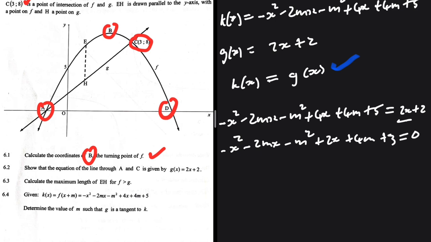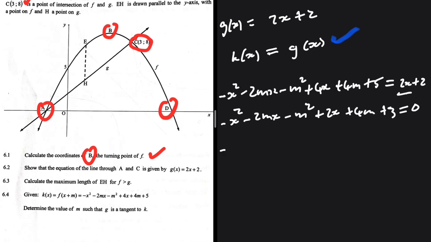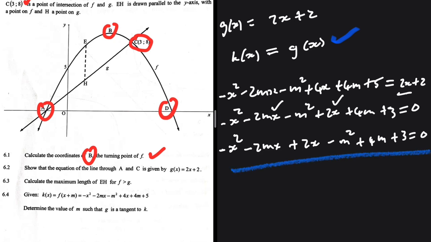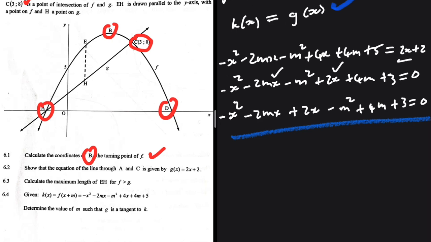Let's rewrite this in a more acceptable form. Minus x squared is the only thing with x squared here. Then let's find the terms with a coefficient of x, those are minus 2mx plus 2x, and then minus m squared plus 4m plus 3 being equal to 0. We can simplify further.